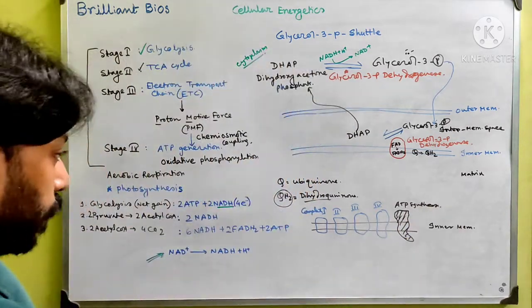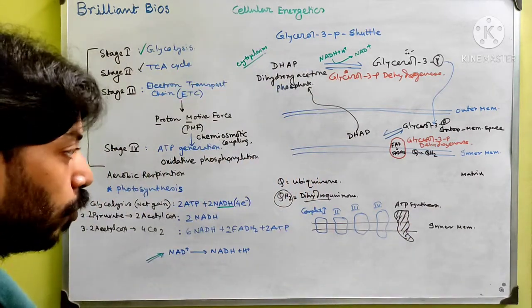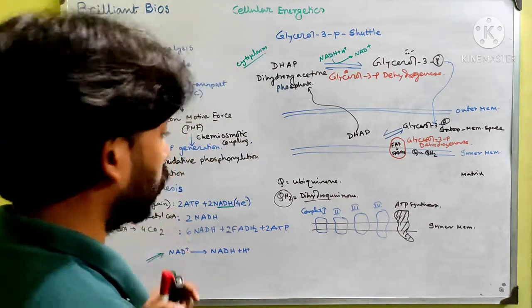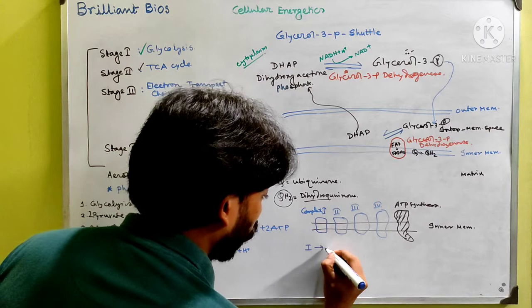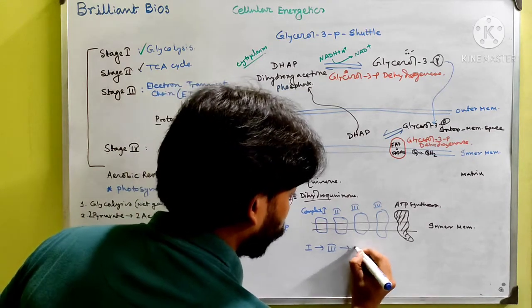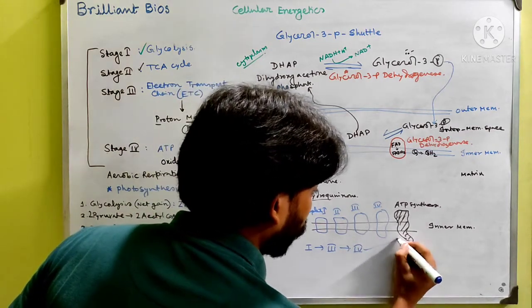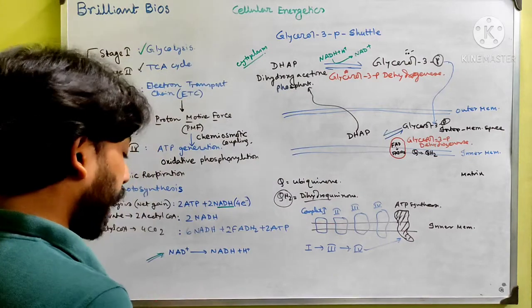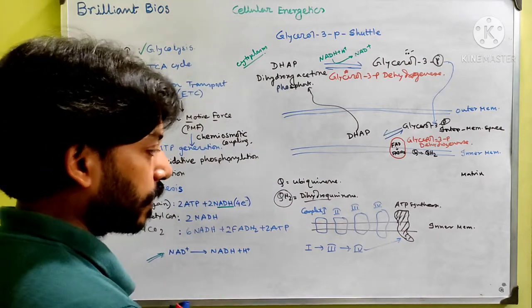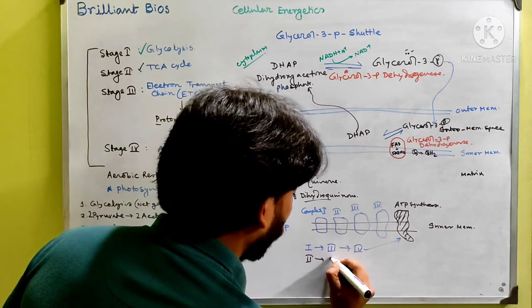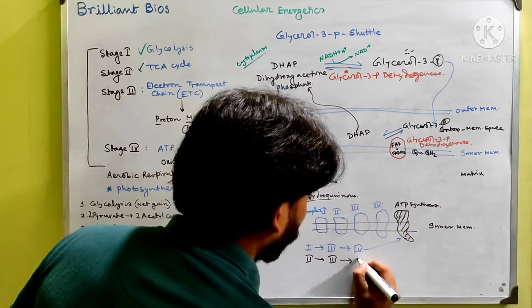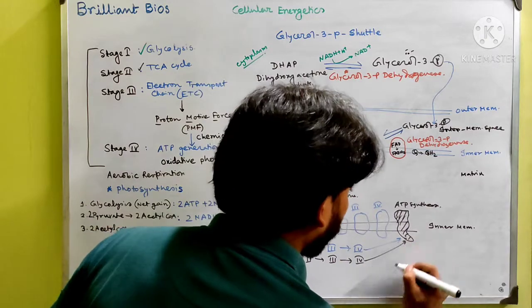Okay, so basically there are two routes of these electron transportations. We call it complex 1 to complex 3 to complex 4 and ultimately to the ATP synthase. There is another route where the electron can transfer from one complex to another, called complex 2 to complex 3 to complex 4, and ultimately to the ATP synthase.